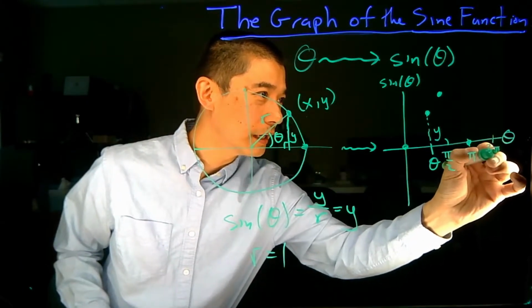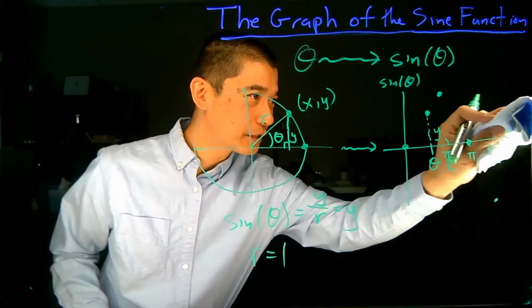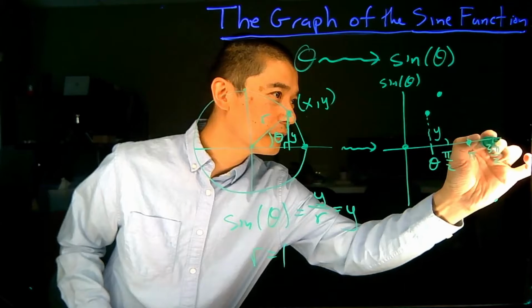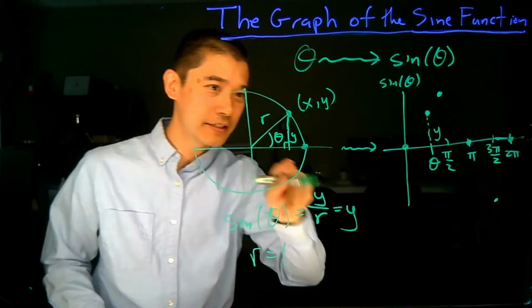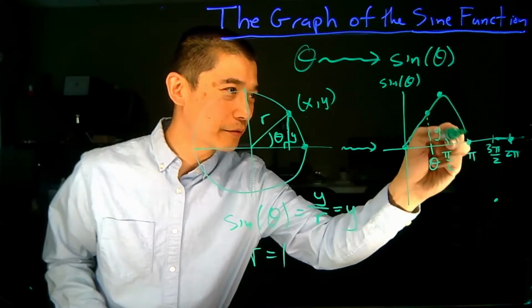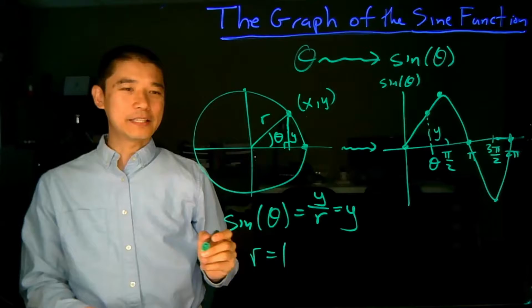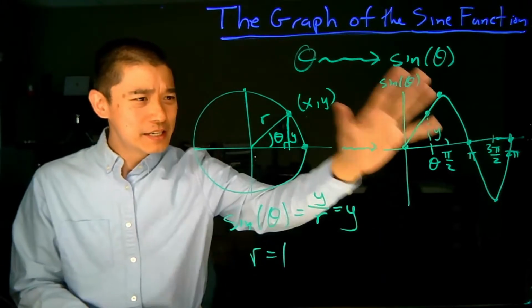And then at 2 pi, which is the same as 0, it goes back to 0 again. So the shape of the graph, this is not a great graph, but it looks something like this. And of course, we can make this more clear by using computers and things like that. But this is the idea.